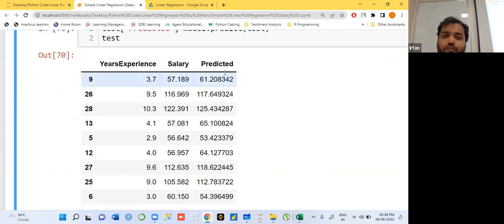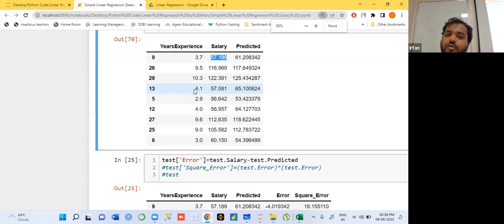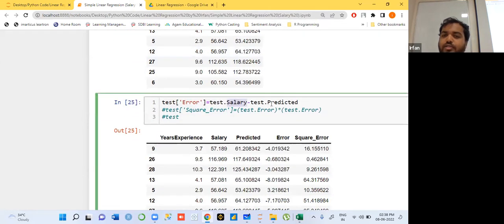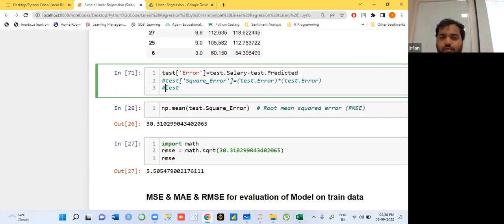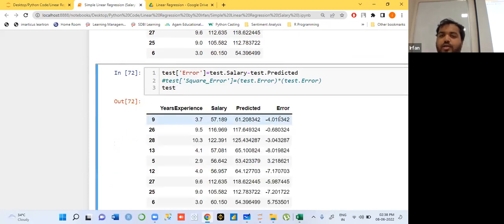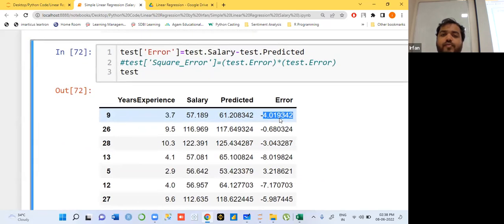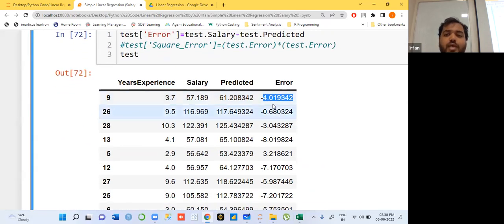Clear. What is the first row error, guys? 61 minus 57. So I do salary minus predicted. Are we getting the error now? Clear. Can I do the square of each and every number?